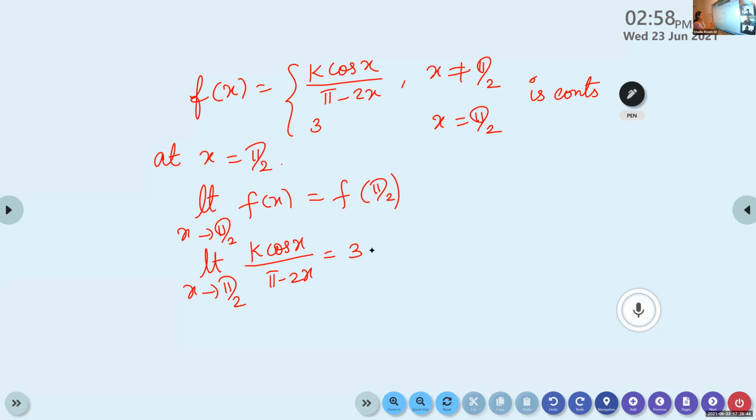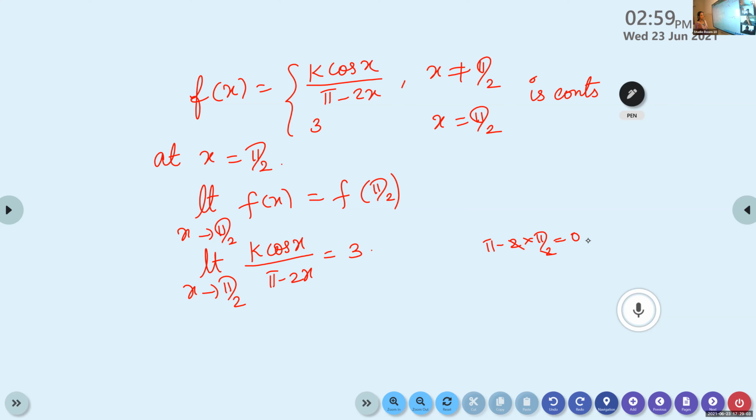Now, when we put x as pi by 2, it becomes pi minus 2 into pi by 2. The 2 will get cancelled, and the denominator becomes 0. When the denominator becomes 0, the value of the function is not defined.